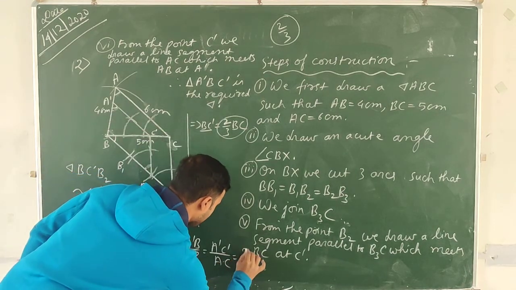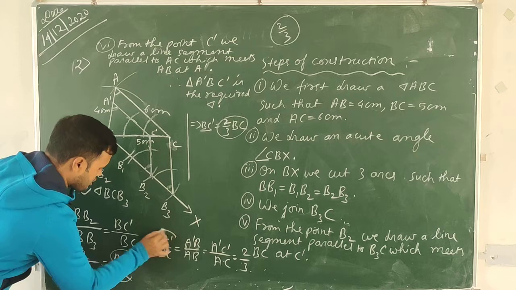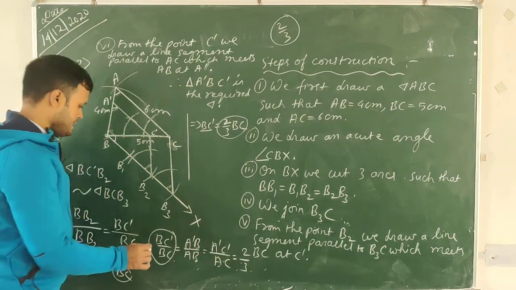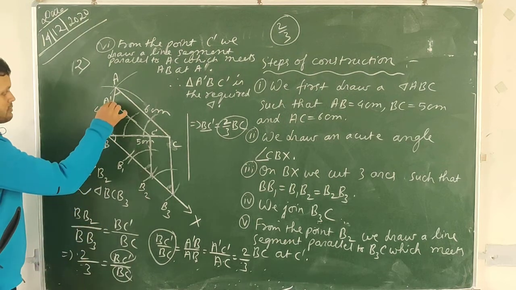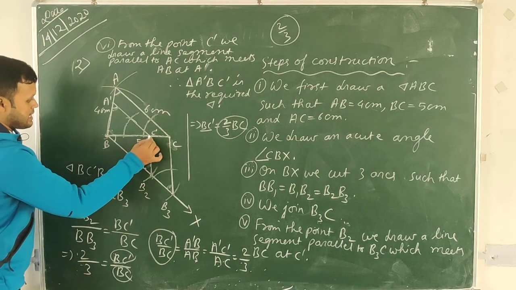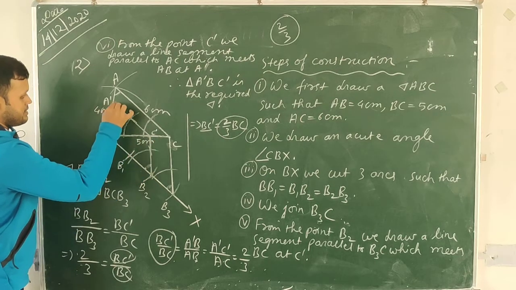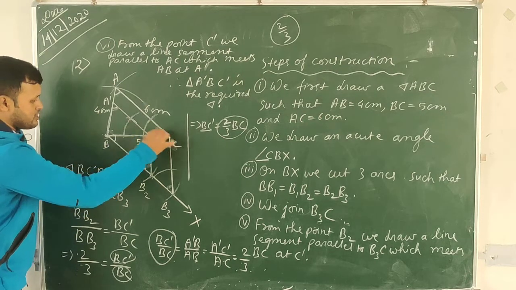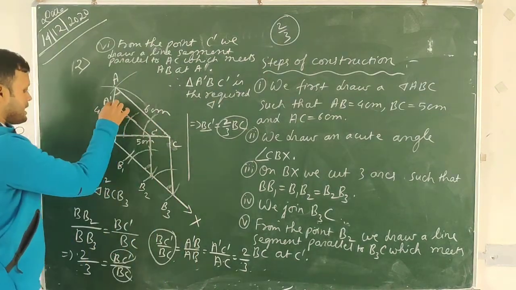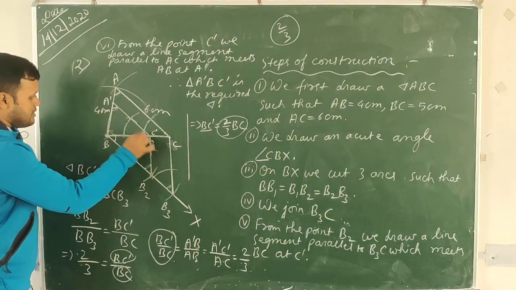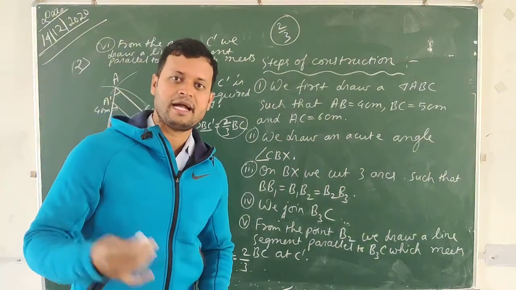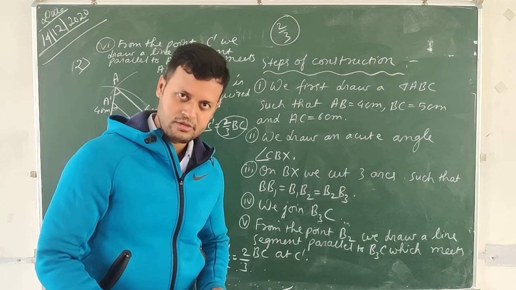So that is equal to what? 2 by 3. So all the ratios are equal to 2 by 3. That means each small side is equal to 2 by 3 of the bigger side. Understood? So that's why the newer triangle that we are getting, A dash B C dash, has all its sides equal to 2 by 3 of the sides of the bigger triangle. Understood?